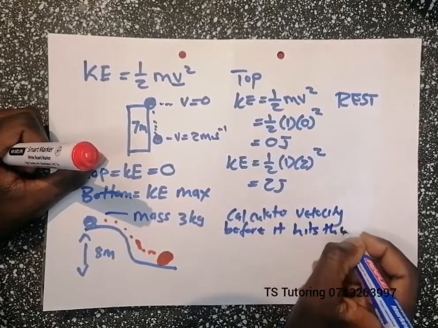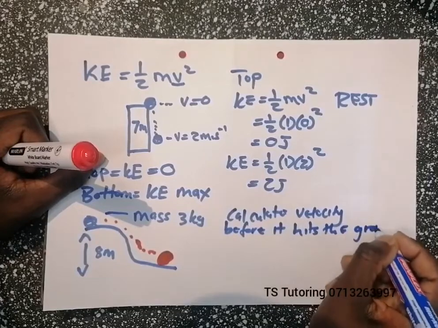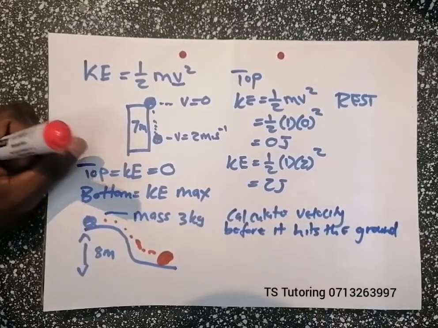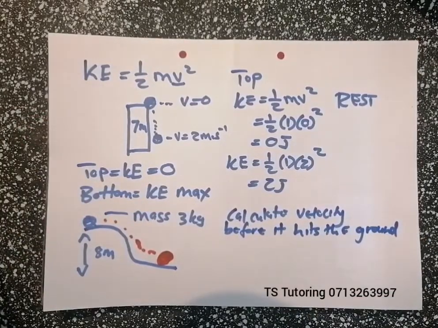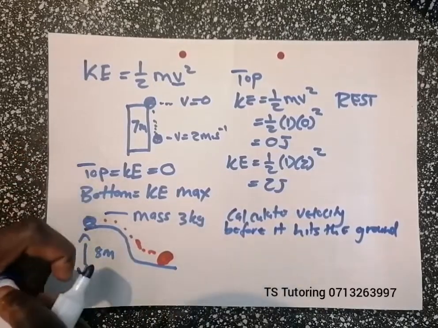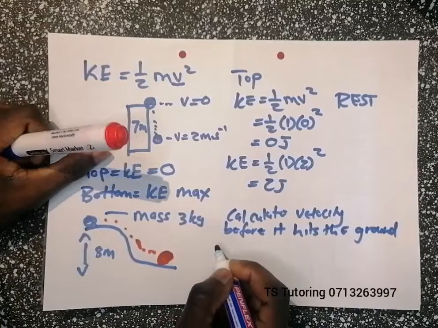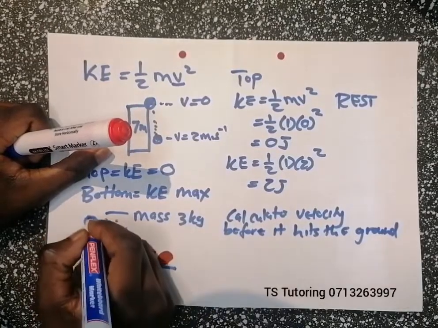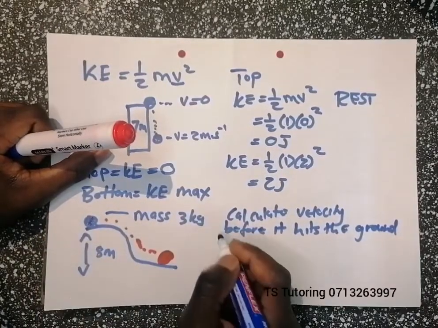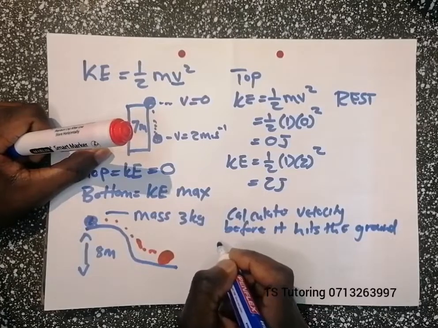So we are going to use the conservation of mechanical energy. We know at the top that because there's no speed here, it's just chilling, kinetic energy is 0. Remember the formula that we're using?